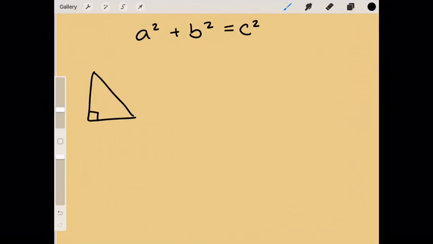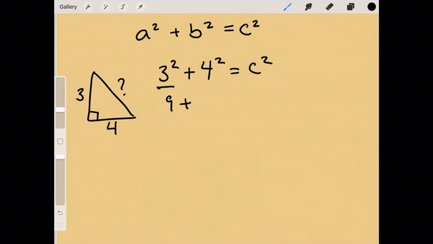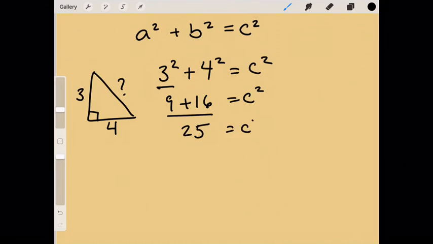So what we've done so far is we've used the Pythagorean theorem where I give you 2 sides and I ask you to find the third side. That's the same problem we did at the very end of the class, so I'll just remind you. I'm going to make a 3, I'm going to make b 4. 9 plus 16 equals c squared. 9 plus 16 is 25 equals c squared.